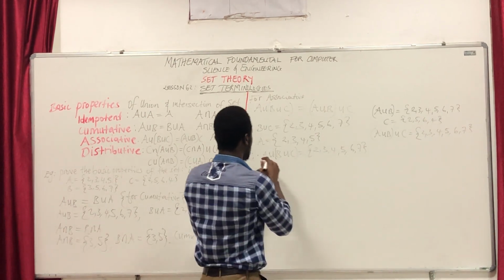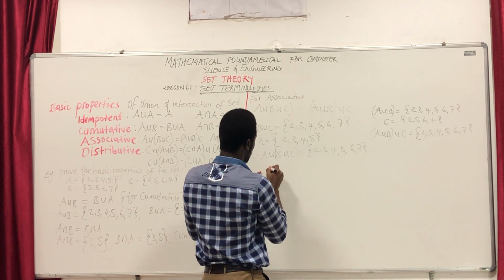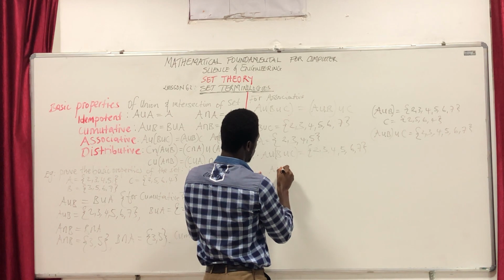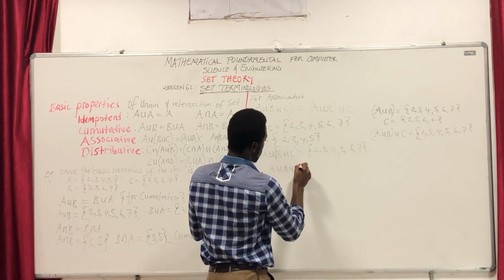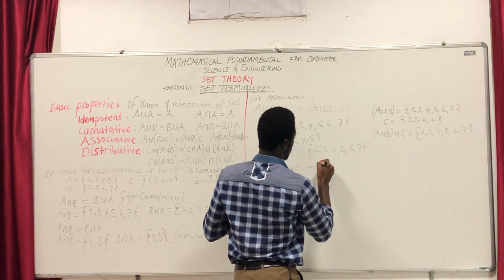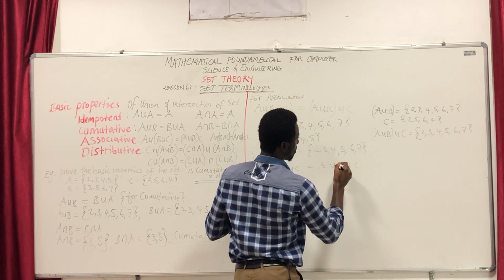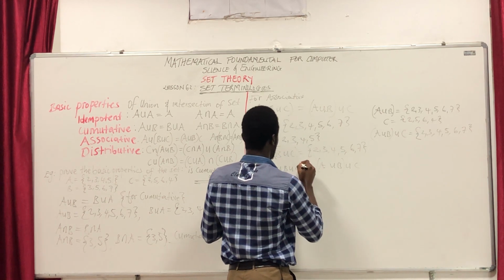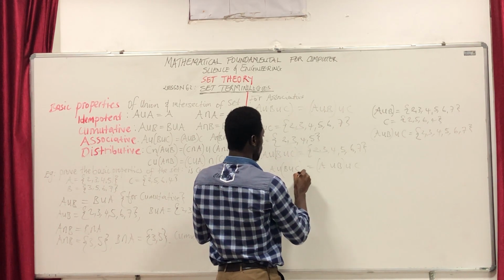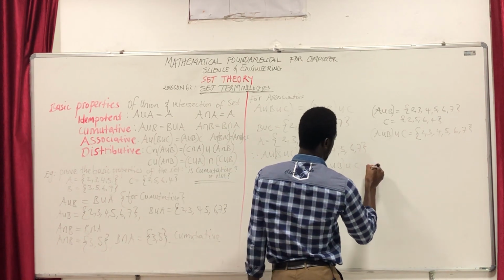So here you can see A union B union C is equal to A union B union C. Hence, this one again is associative.